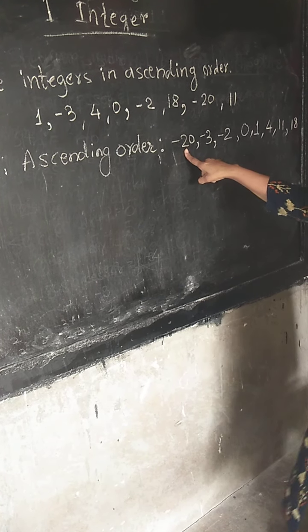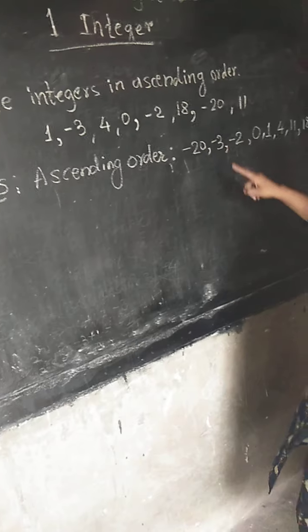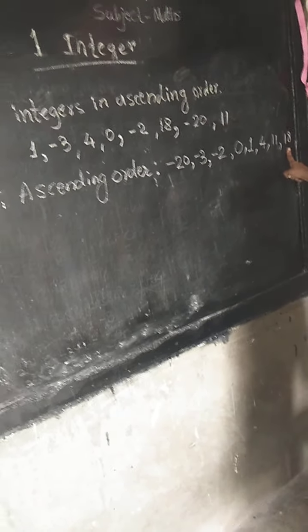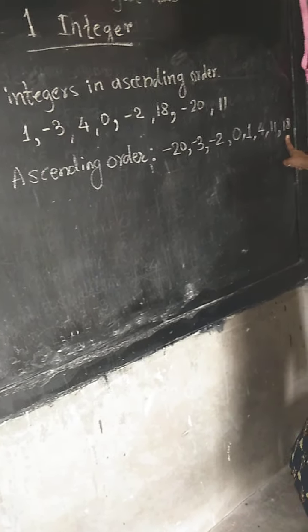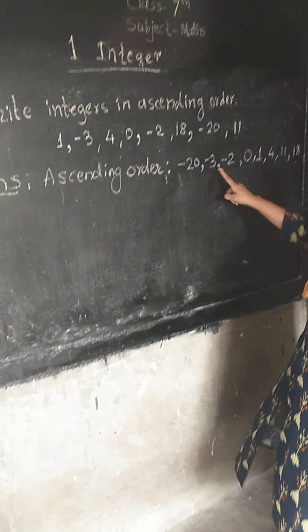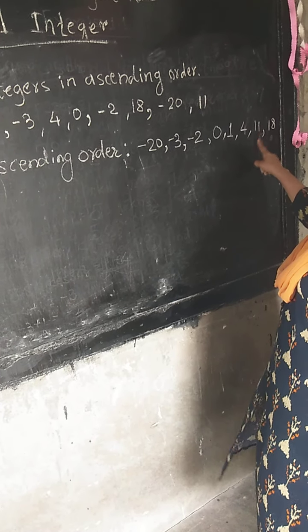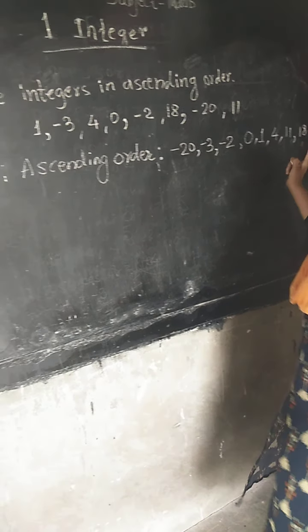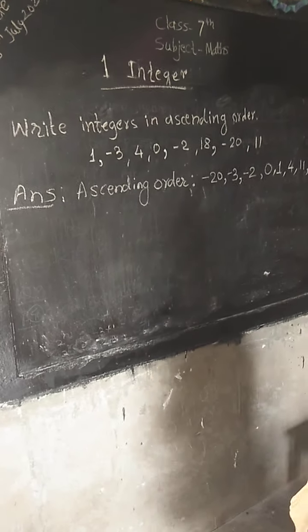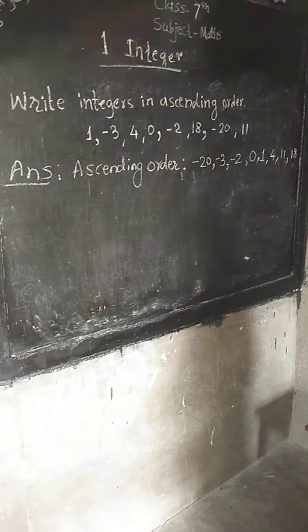See, minus 20 is the smallest integer in that series and 18 is the biggest integer. So the ascending order is minus 20, minus 3, minus 2, 0, 1, 4, 11 and 18. In this way, we have to solve from your exercise 1.1 question number 9.